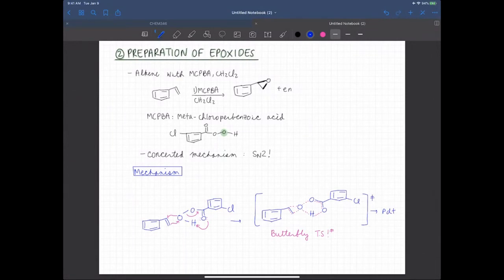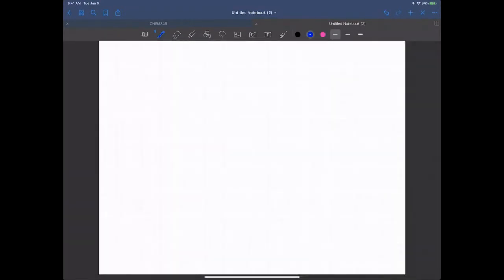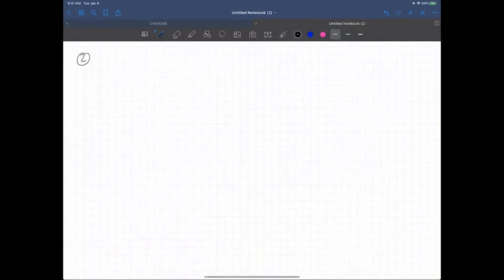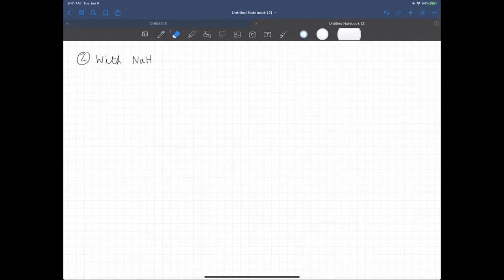Okay, the other way that an epoxide can be formed, this is the less conventional way, but it still might be in your problem set, is with a Williamson ether synthesis.